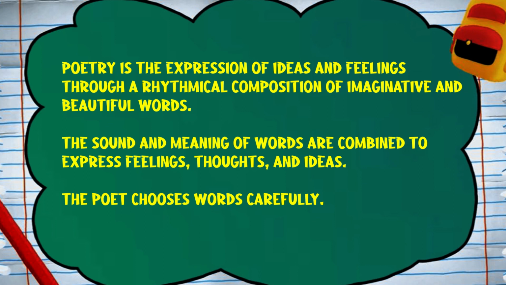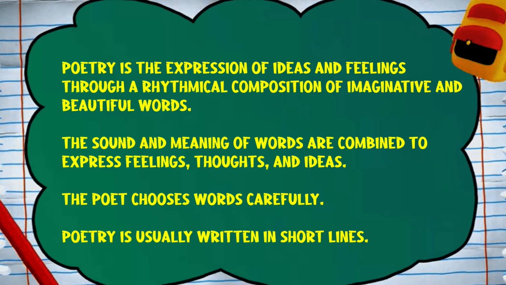Now the poet, because they want to give you the storyline with the use of short sentences or short lines, they choose their words carefully. Remember, poetry is written usually in short lines.